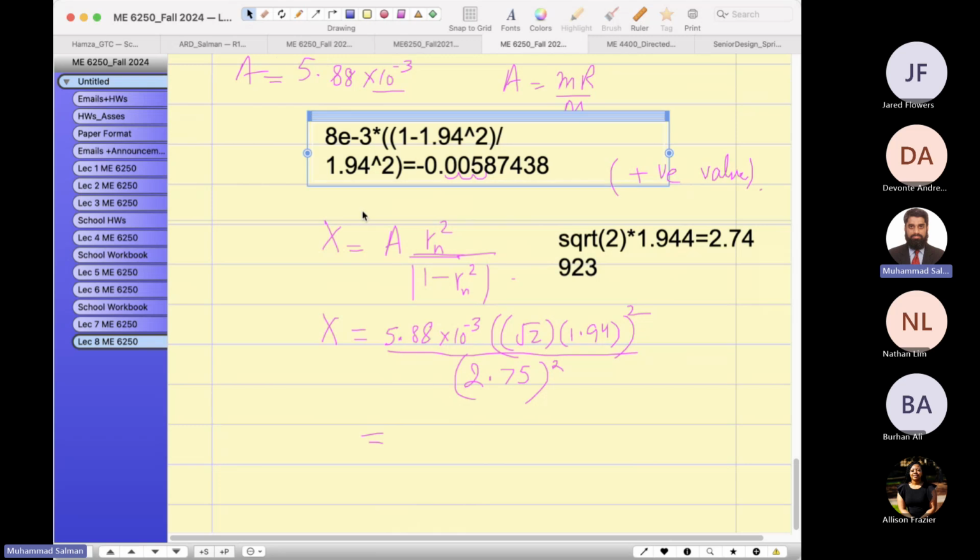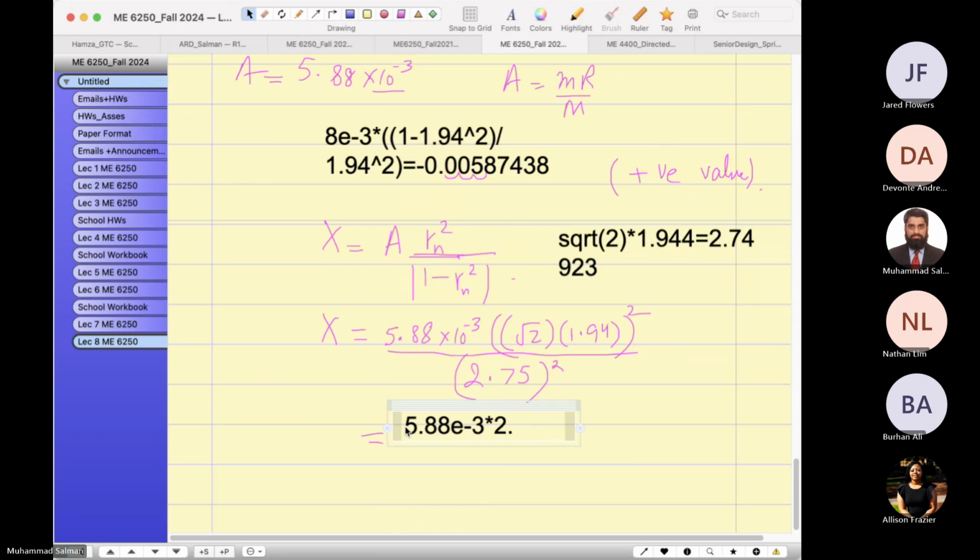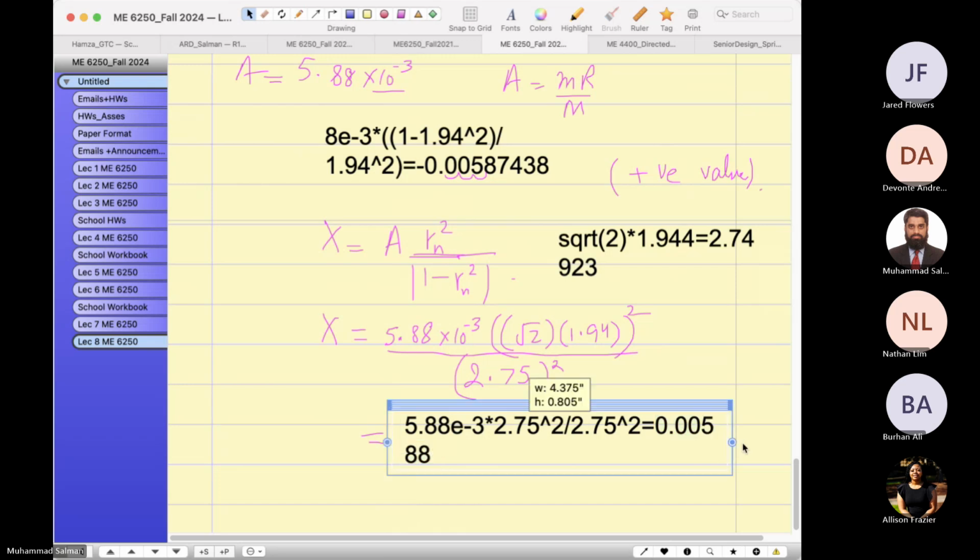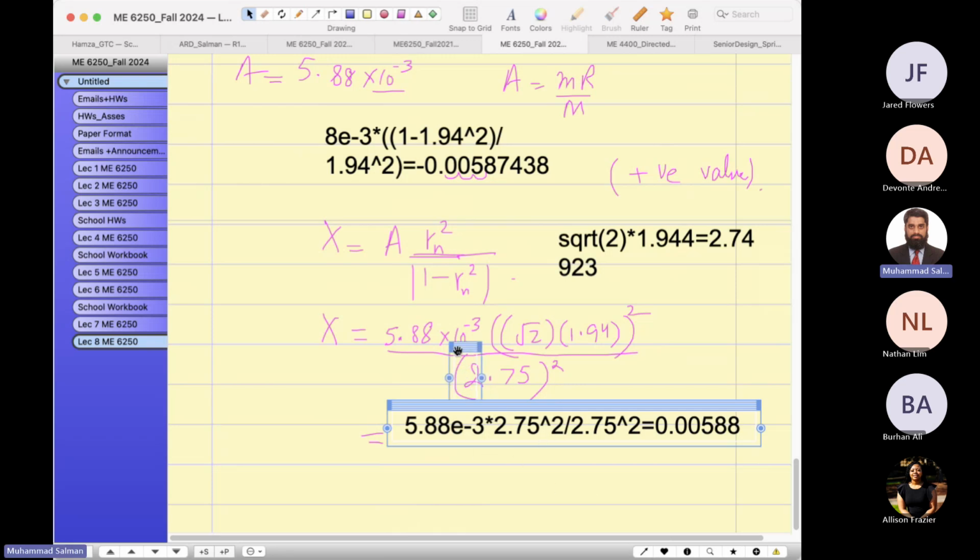So this new value becomes equal to, let's do the math here, 5.88 e to the negative 3 times 7475. Oh, I'm sorry. I should have subtracted this. One second.